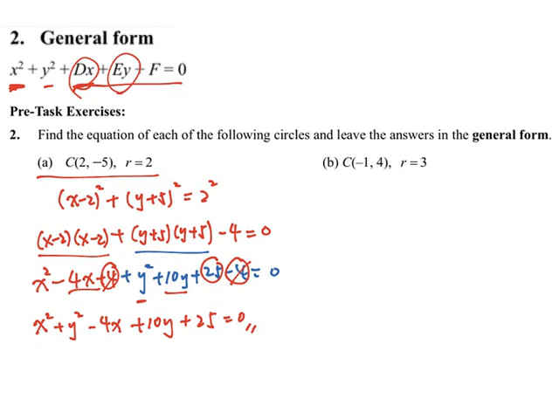Now, try to do question B. Let's check it. For question B, first minus 1, so it's negative, so it's (x plus 1) squared, and then (y minus 4) squared equals 3 squared. Then same, we do the rainbow or identity.